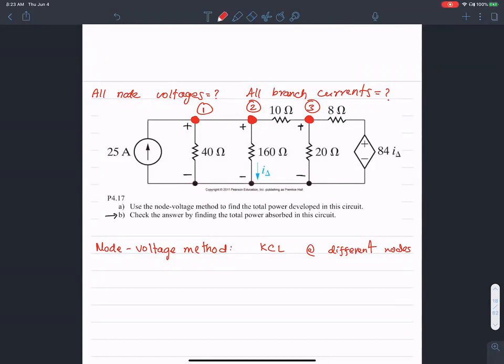If there was a different element in between these two nodes, then they would be independent nodes. But given the fact that they're all shorted, there's no voltage drop across them, would you be okay, Darius, if I considered all of this as a single node?